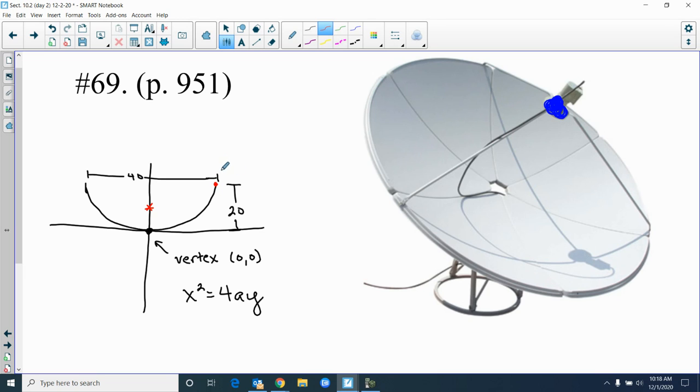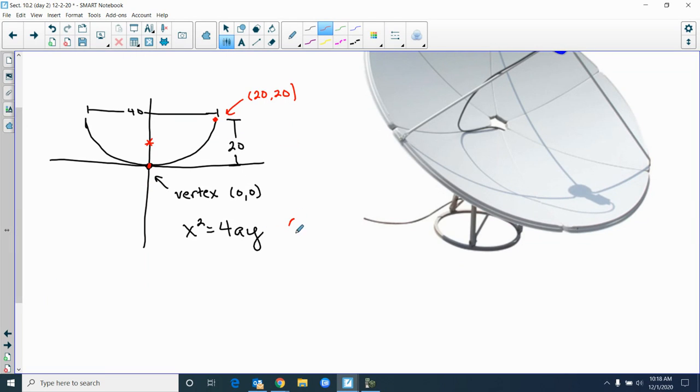Well, here's how you're going to do this. I'm going to find a point on the graph. So if this is 20 inches high and 40 inches across, this point right here, and this is 0, 0, has to be 20, 20. So if I can use a point, and then I know it's in this format, I can figure out a. So take that form and the point 20, 20 and plug it in.